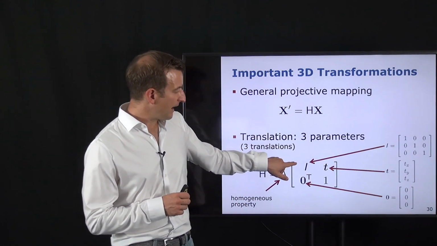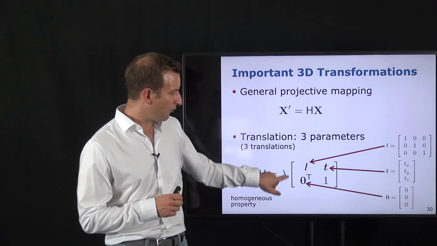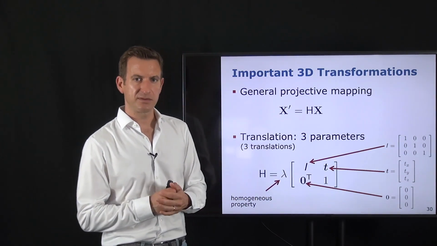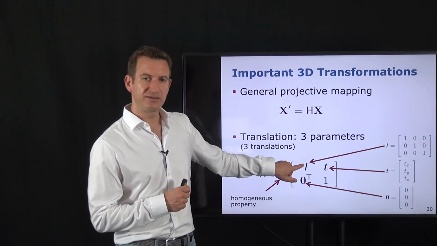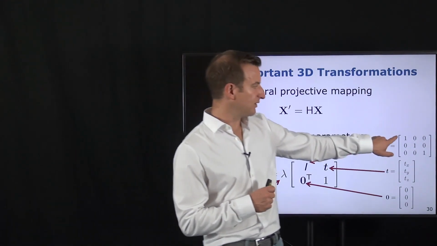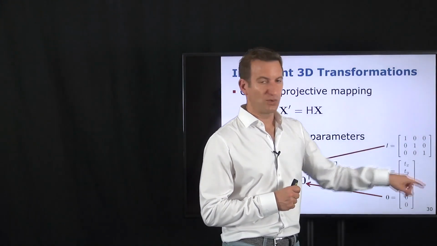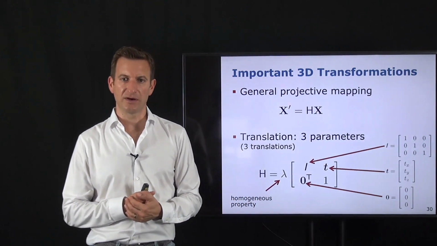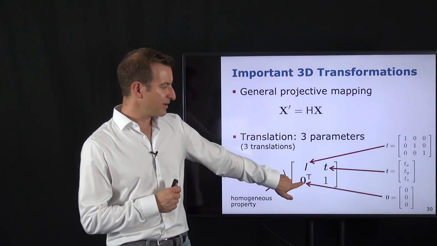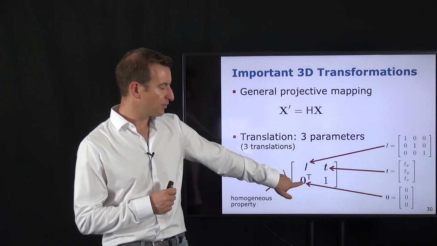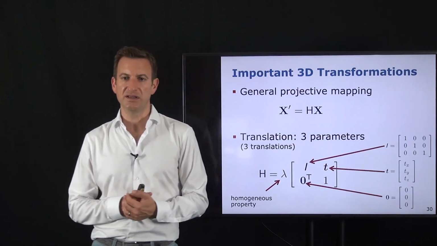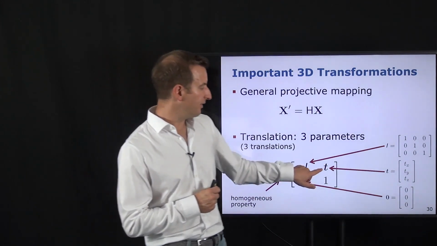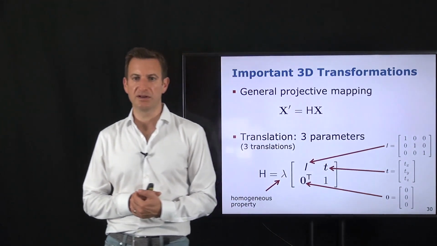Then this matrix H is a 4x4 matrix, because we're representing the 3D Euclidean world. And this identity over here is a 3x3 identity matrix, with 1 on the main diagonal and 0 everywhere else. This is a 3-dimensional vector 0, so 0, 0, 0. This is a scalar 1, and this is a vector t, a 3-dimensional translation vector. This vector t represents the shift in the x, y, and z coordinate in our Euclidean world.